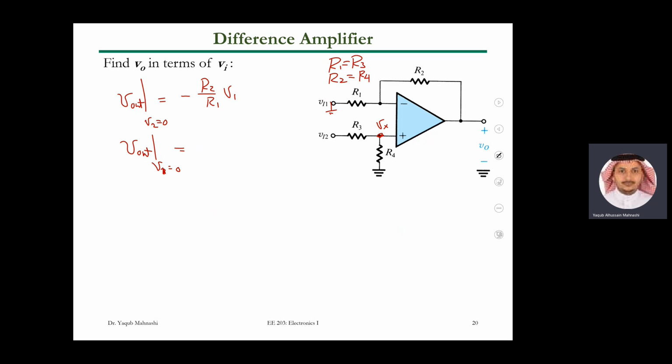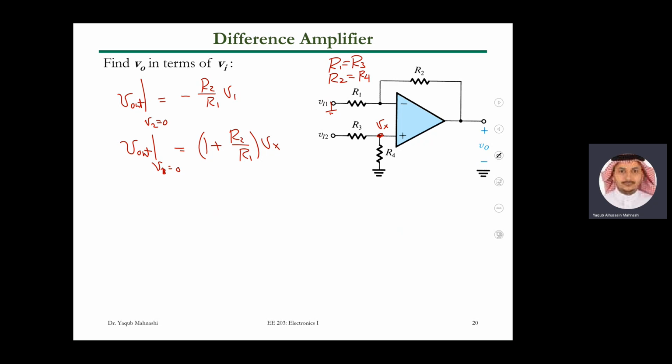So what is the relation between V out and Vx? We derived this equation before. Plus 1, exactly. So that is 1 plus R2 over R1. So I can write this one as 1 plus R2 over R1 multiplied by Vx. But what is Vx in terms of V2? Again, VDR, voltage divider rule.